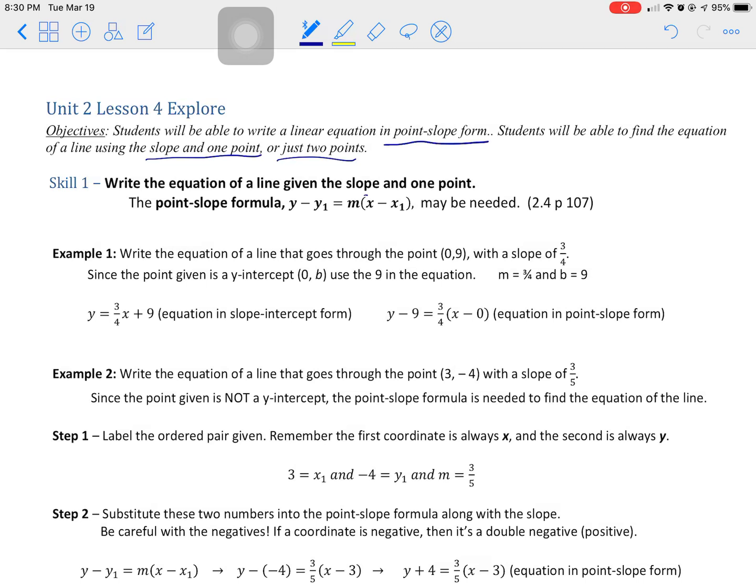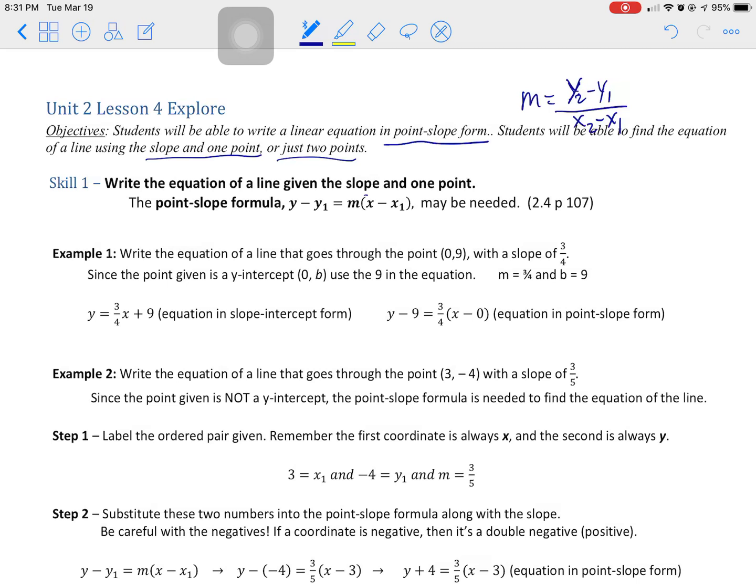Okay, so here is the point-slope formula. If they take the slope formula, that's y2 minus y1 over x2 minus x1, and they change it around.